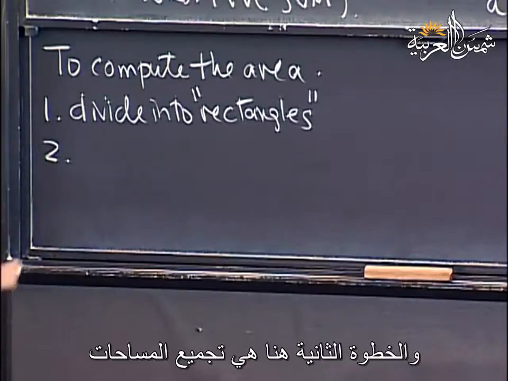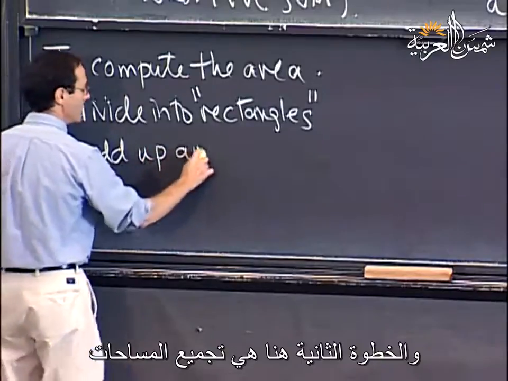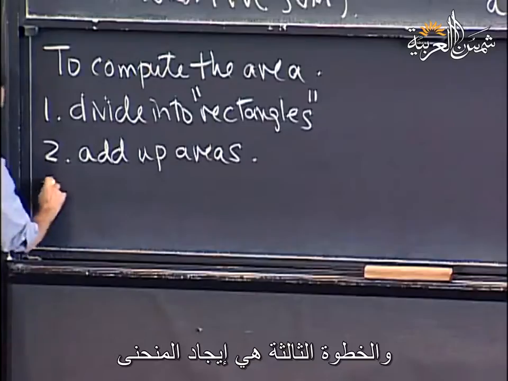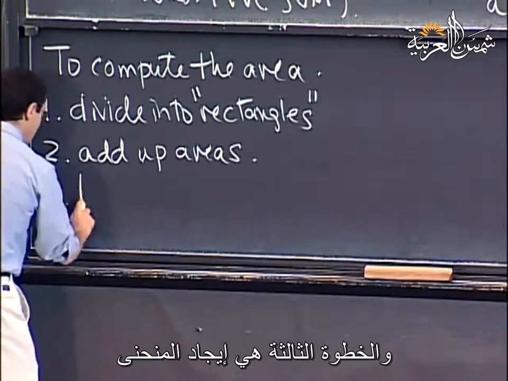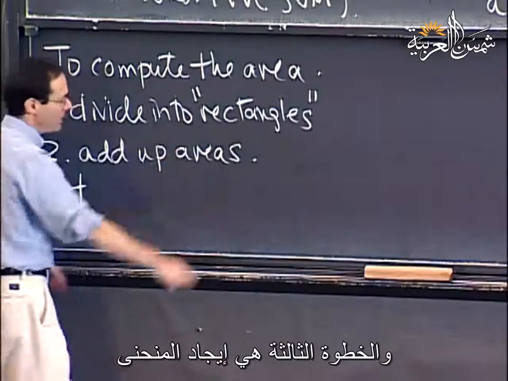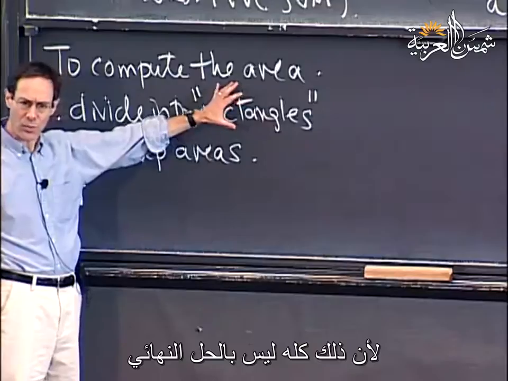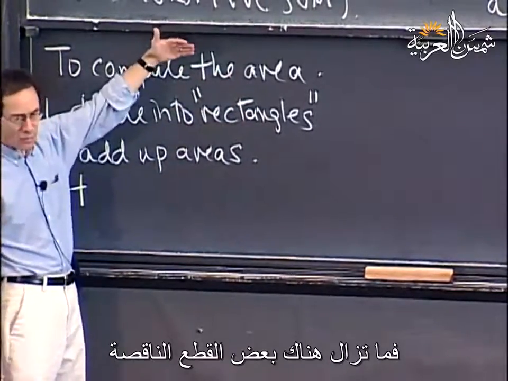And the second thing we're going to do is to add up the areas. And the third thing we're going to do is to rectify this problem that we didn't actually hit the answer on the nose, that we were missing some pieces or choosing some extra bits.